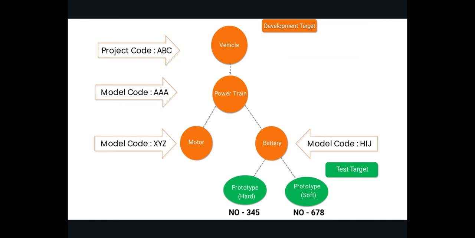The model code of the battery, which is a subsystem, is HIJ. And the prototype hardware number used in the battery test is 345, and the software number is 678. In this way, the world of engineering can be properly mapped into the digital space.